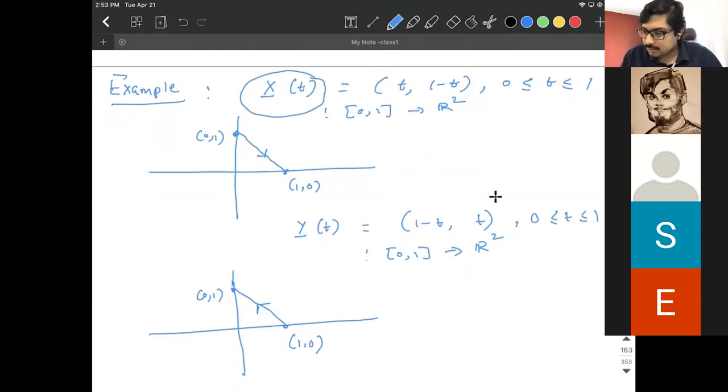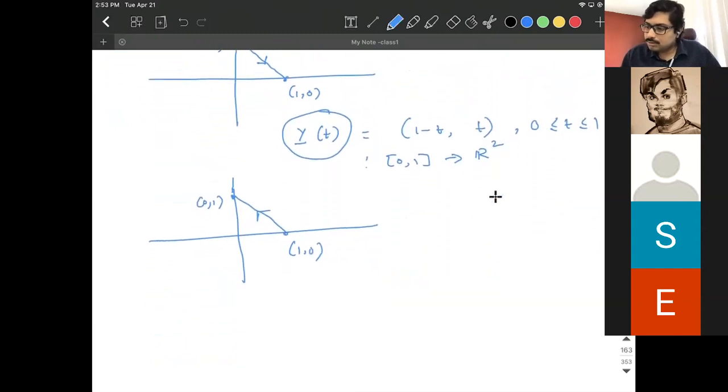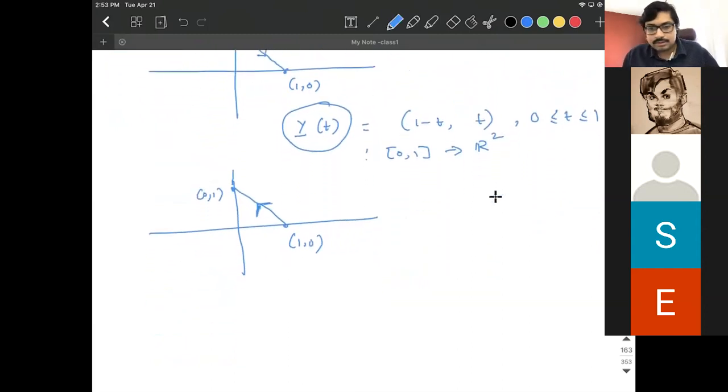Or if we fix this path, we fix it once and for all and use it at every example, or for any vector field. So we don't change the orientation according to the vector fields. We choose and fix the orientation and then work with the vector fields. Okay, so this is an informal study of orientation.